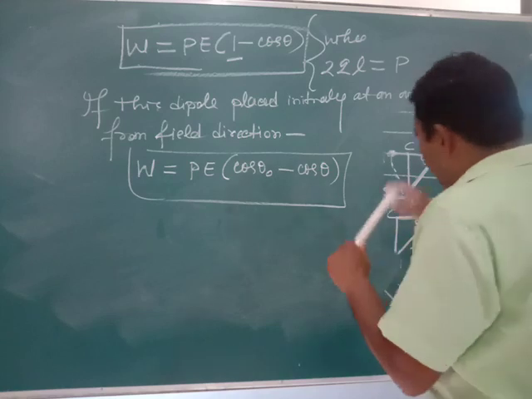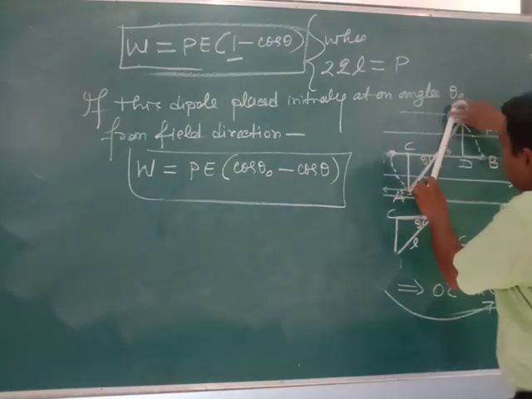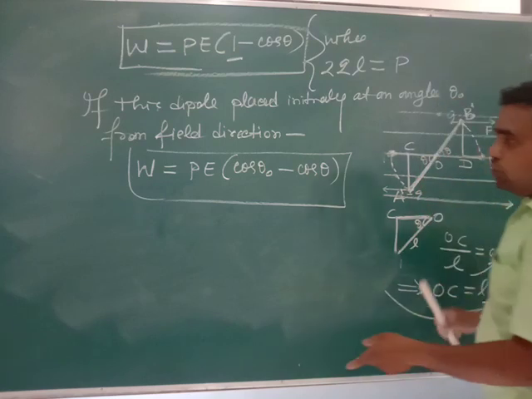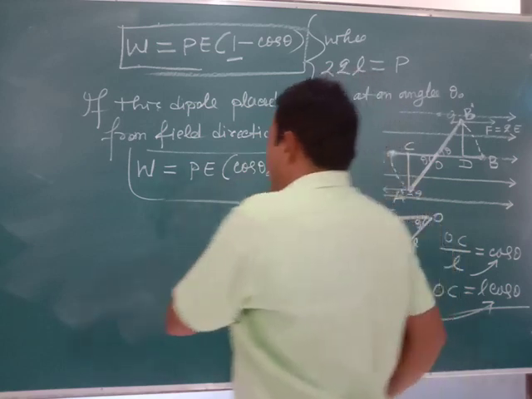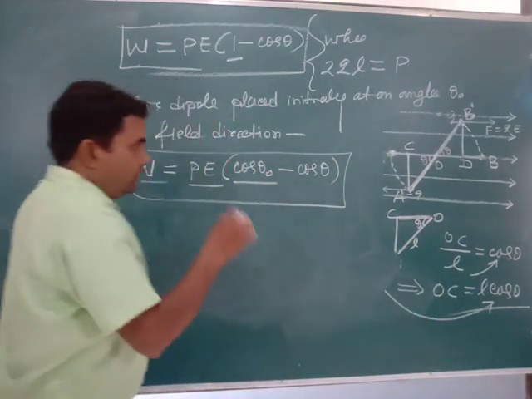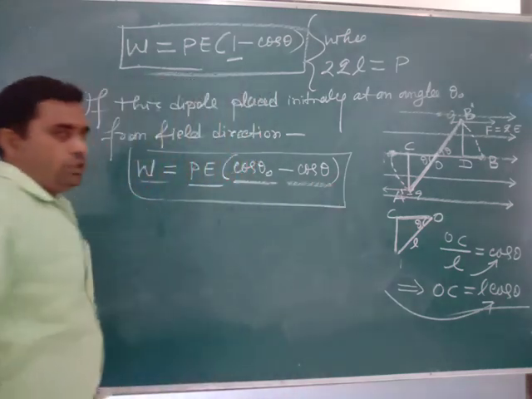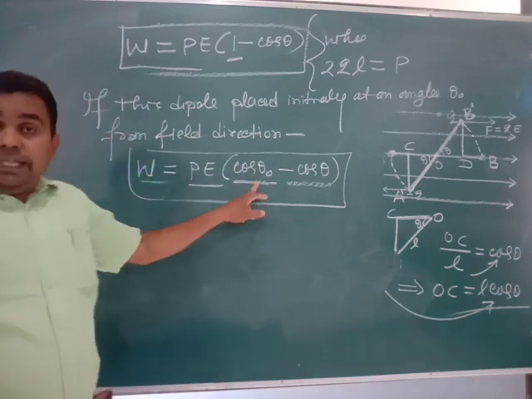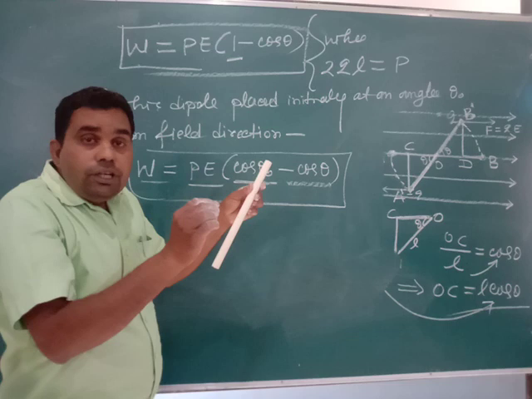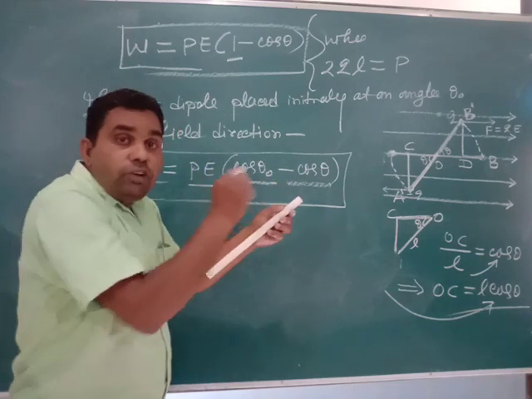And if this electric dipole is initially placed at an angle theta 0 and rotates to angle theta, then the work done formula takes the form W is equal to PE cos theta 0 minus cos theta, where theta 0 is the angle at which the electric dipole is placed initially and theta is the angle of rotation from theta 0.